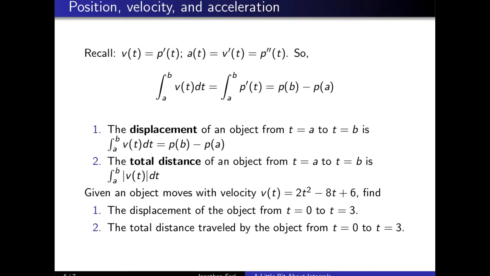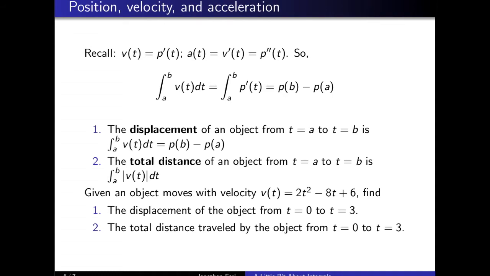And if you want to find the total distance traveled, you'd need to find the integral of the absolute value of v. What the absolute value part gives you is that it doesn't concern whether you're heading in the positive direction or the negative direction. It would just sum up all of the distance traveled. So we'll do one example of how we could find the displacement and then also the total distance.